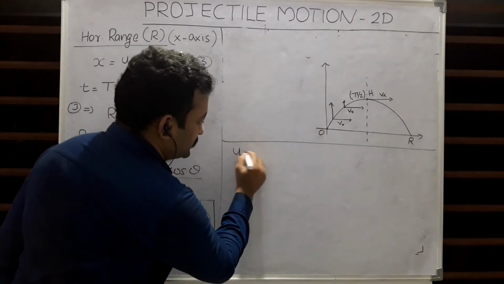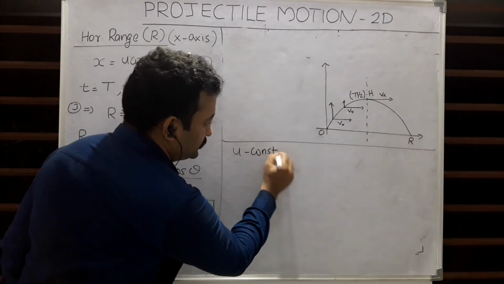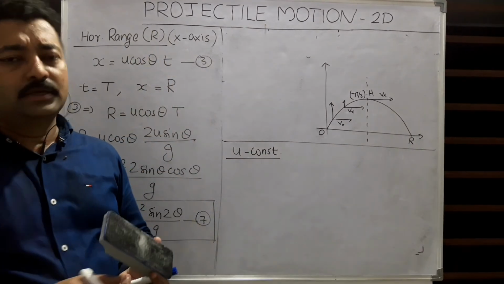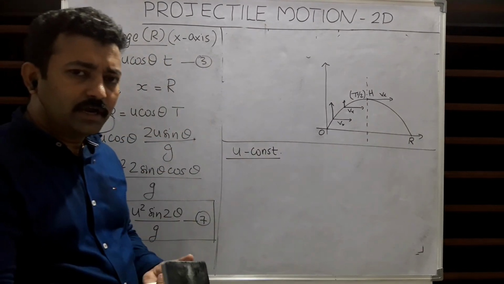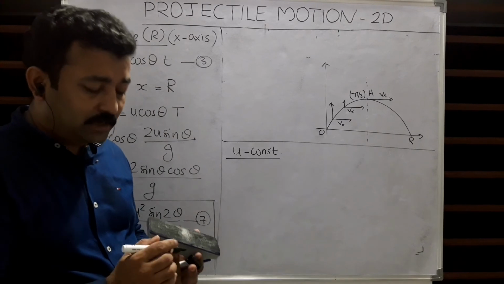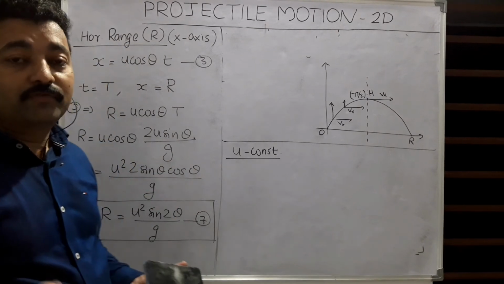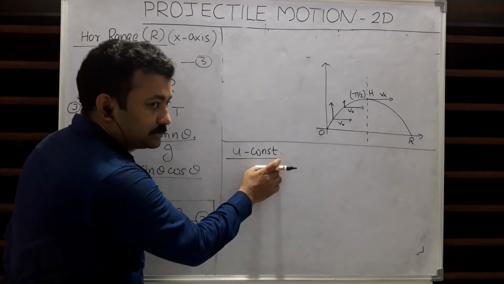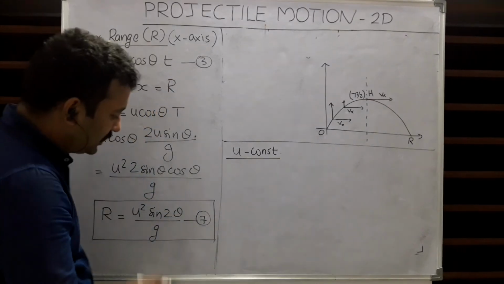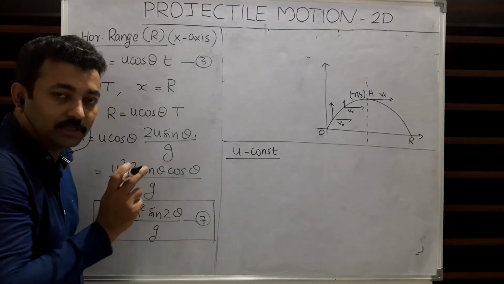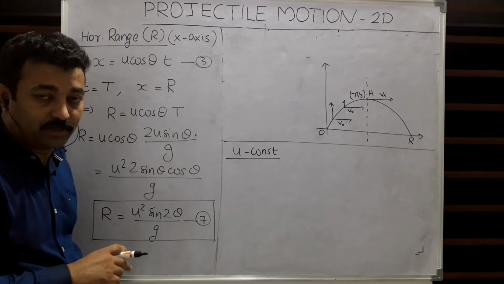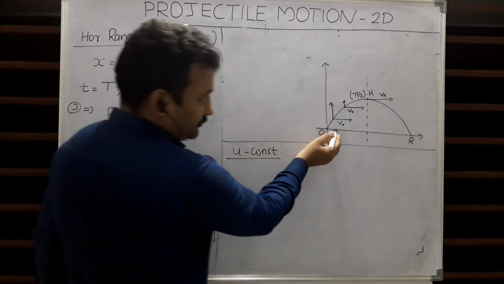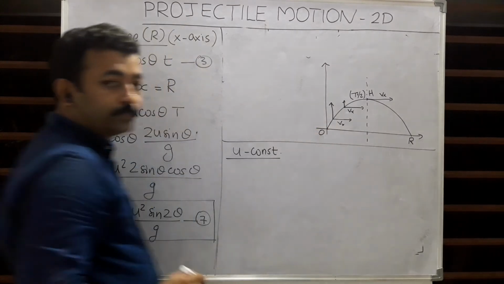In certain problems you can say that for a given gun or a given missile, or for a given person who is throwing, u is a constant. What can vary? The theta can vary. That means the angle of projection can vary. It can vary from 0 to 90 degrees, as we have seen.